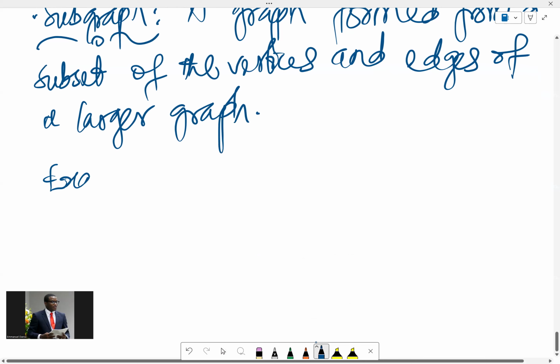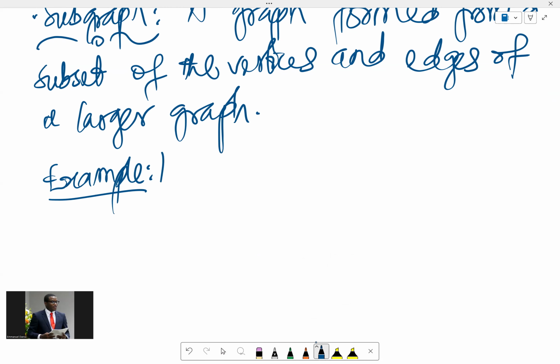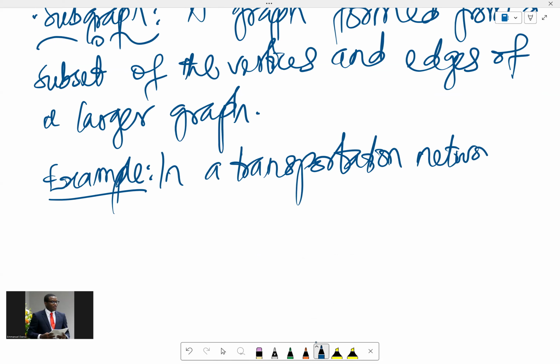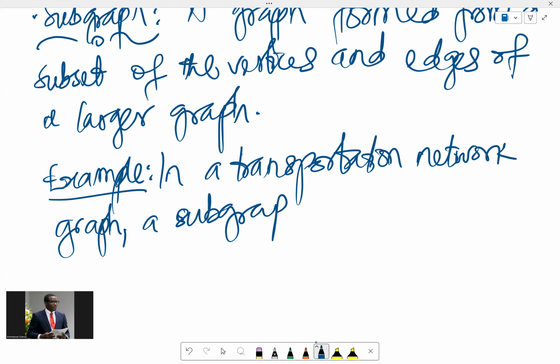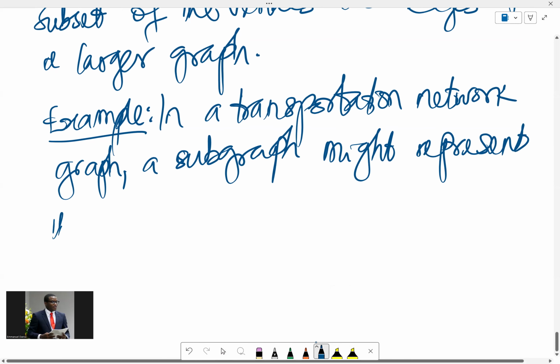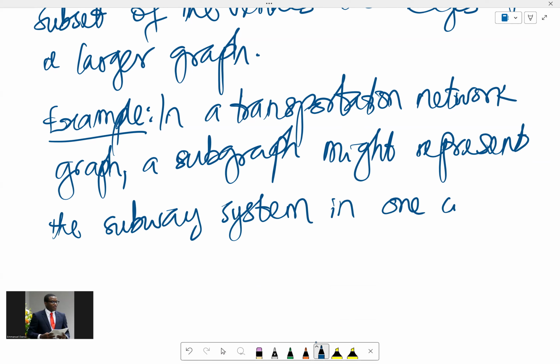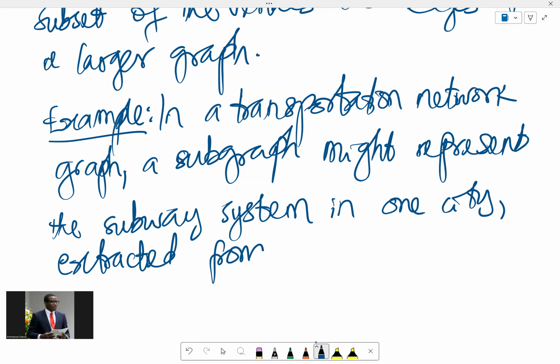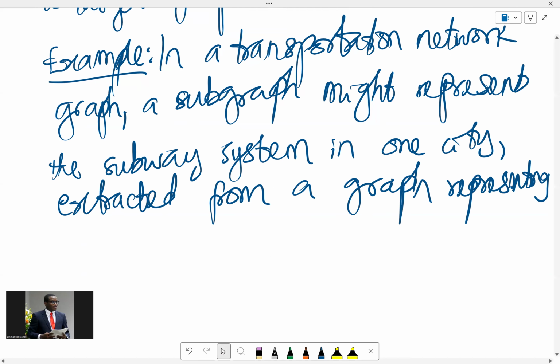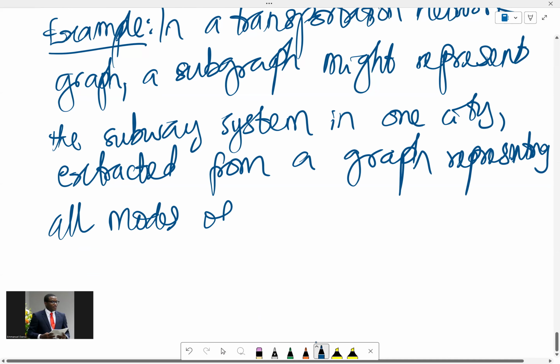An example would be in a transportation network graph, a subgraph might represent the subway system in one city, extracted from a graph representing all modes of transportation.